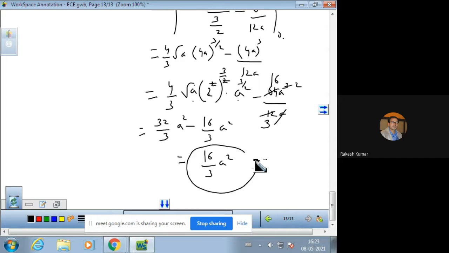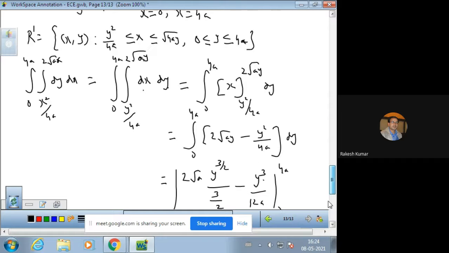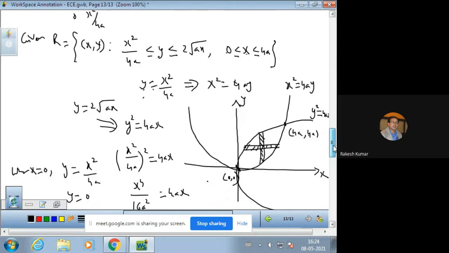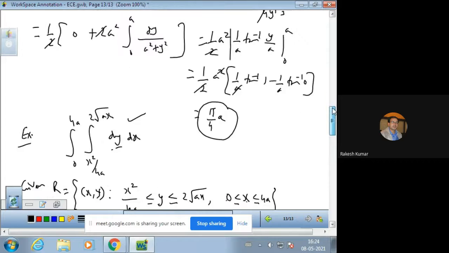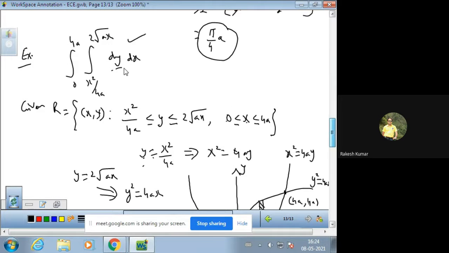So this is the required evaluation of the given double integral by changing the order of integration. Changing the order of integration means, I am repeating this step again, where you are given that you integrate with respect to y first and x afterwards, but originally in the question you will integrate with respect to x first, then with respect to y, and accordingly the limits will change.